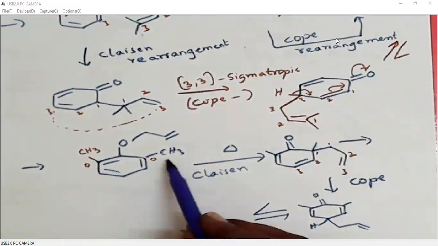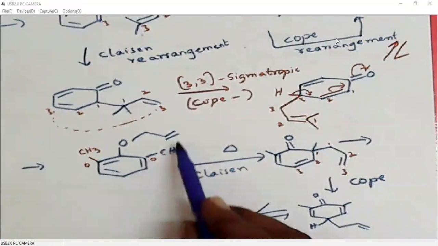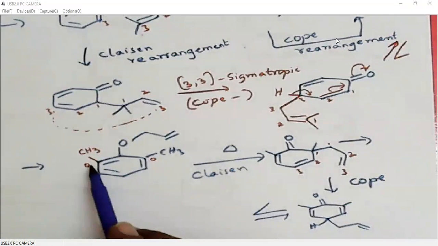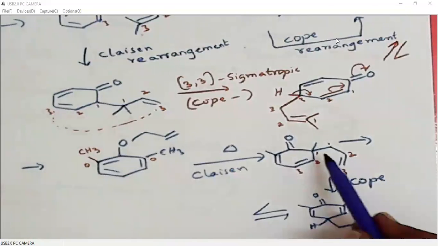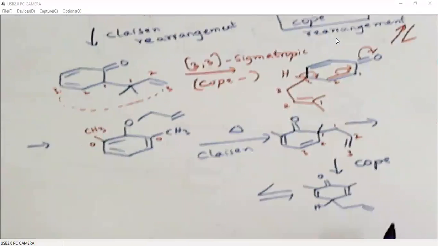If one ortho position is occupied, then the Claisen rearrangement will occur on the other free ortho position. If both the ortho positions are occupied, then the Claisen product will lead to the Cope product so that it gives a para product. So always remember that if at least one ortho is free, ortho product is the major. If both ortho are occupied with some substituents, then para is the major product.